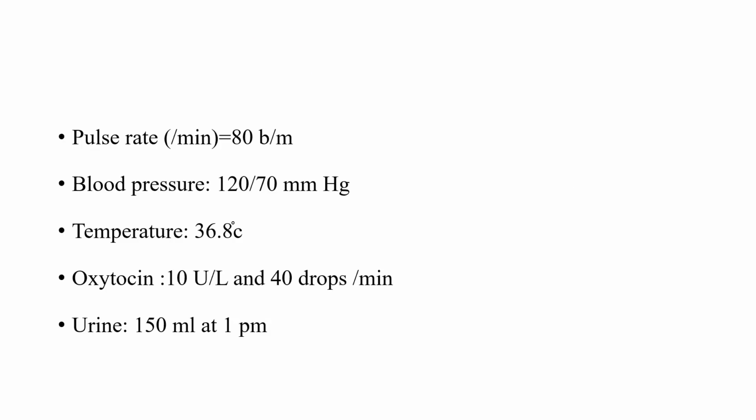Patient's pulse rate is 80 beats per minute, blood pressure is 120 by 70 mm of Hg, and temperature is 36.8 degrees centigrade. She is on oxytocin, that is 10 units per liter, at 40 drops per minute. Her urine output at 1 pm is 150 ml.